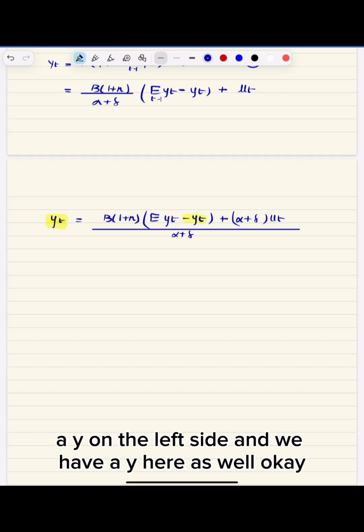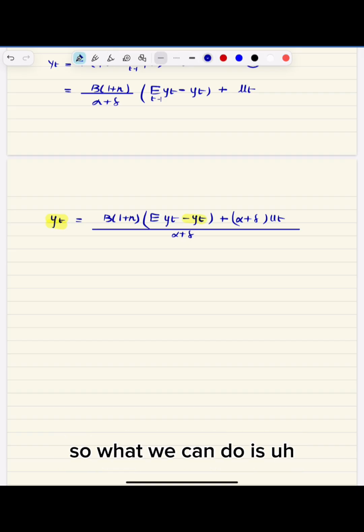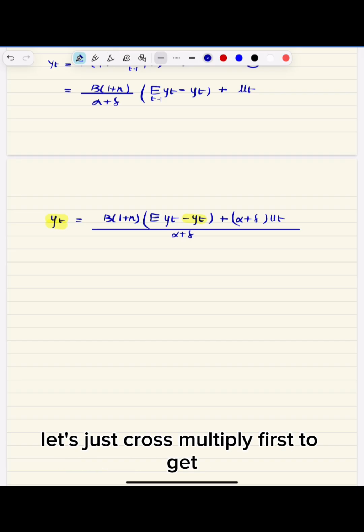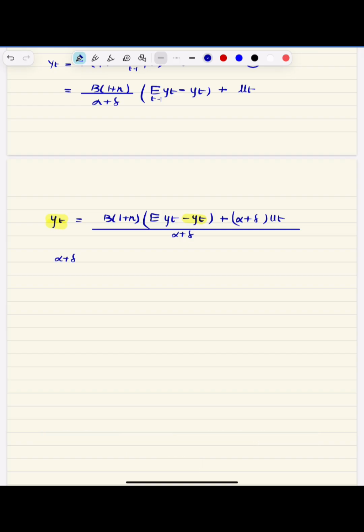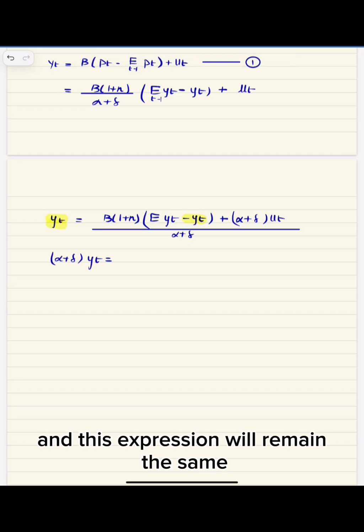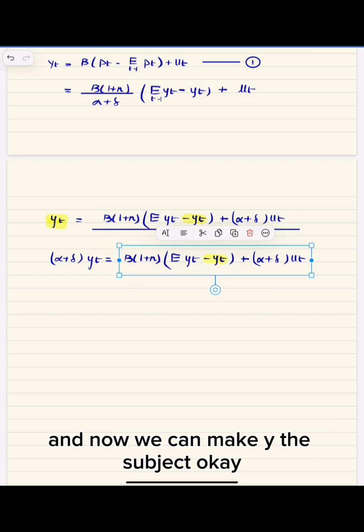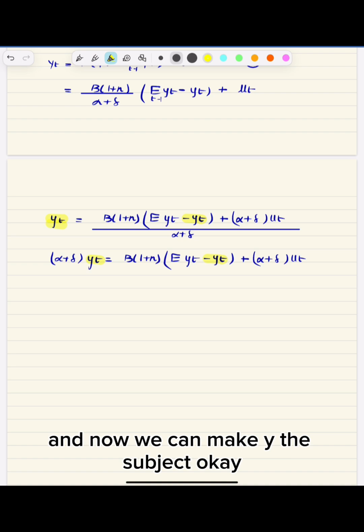So what we can do is let's just cross multiply first to get alpha plus delta into y, and this expression will remain the same. And now we can make y the subject.